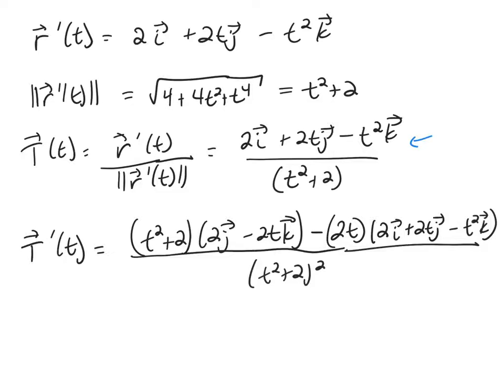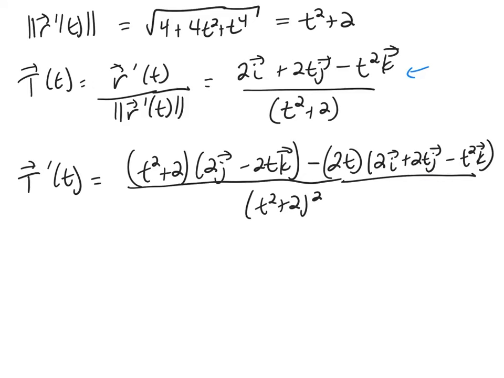So then you're going to simplify here in your numerator. So I'm going to get, if I group up all my i terms together, I only have one i term, which is over here. So it's a minus 4t i. And then I have a j term here and here. So I combine those to be a positive 4 minus 2t squared j.